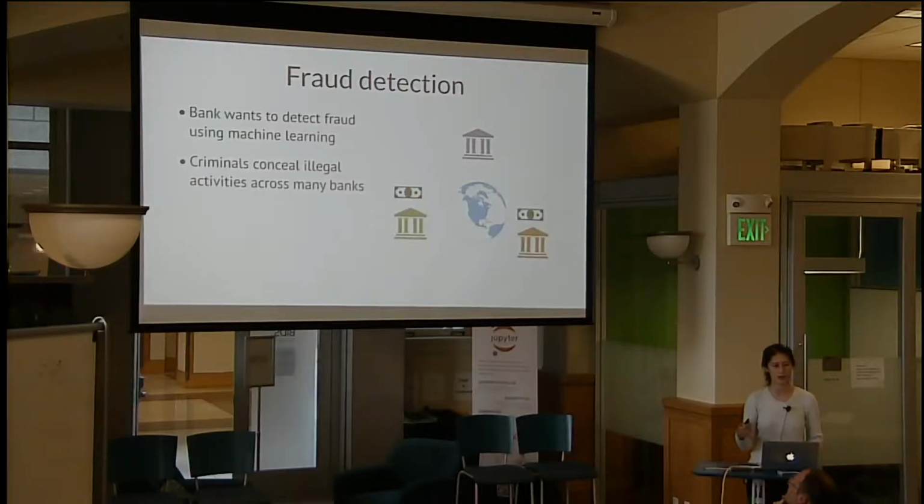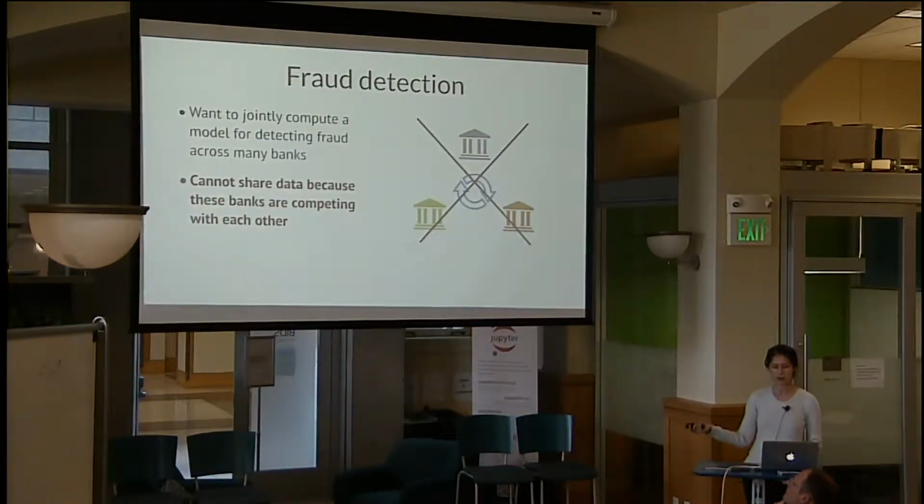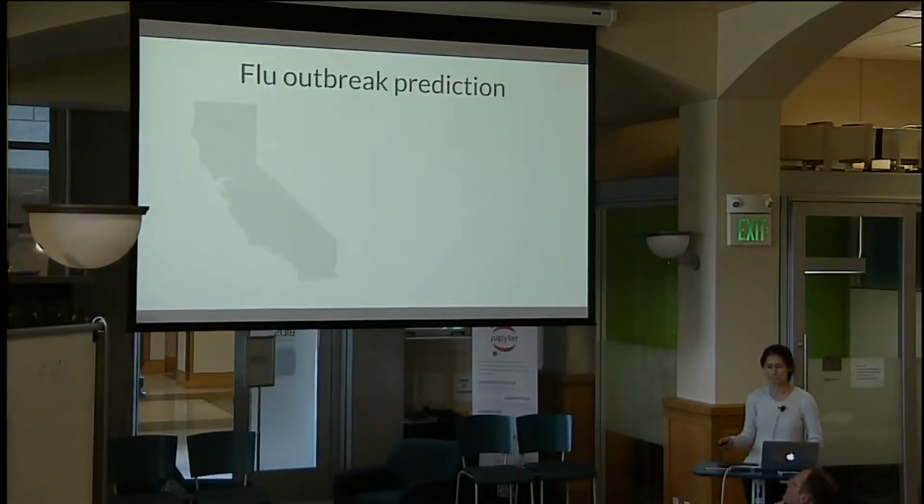So using just one bank's data, you can create some kind of model, but it's probably not going to be super accurate. So if you want to compute an accurate model, ideally you want to compute this model using data across many banks. However, this cannot currently happen due to business competition and, in some cases, possibly regulatory constraints as well.